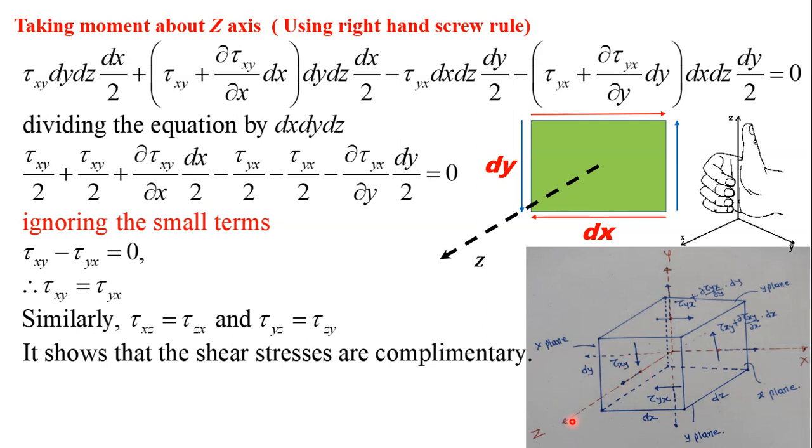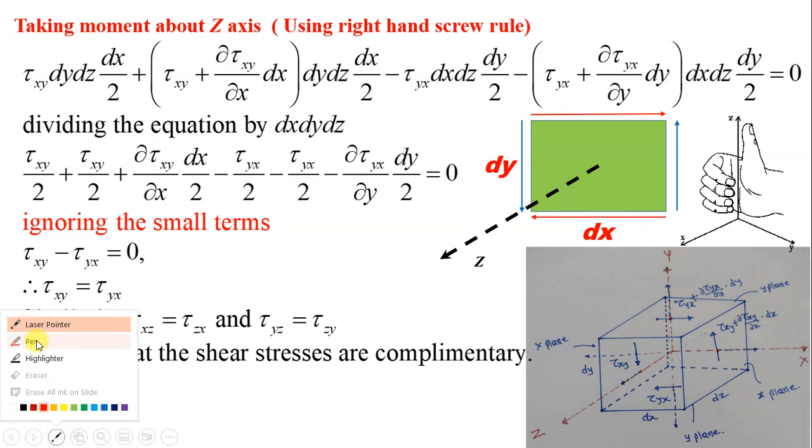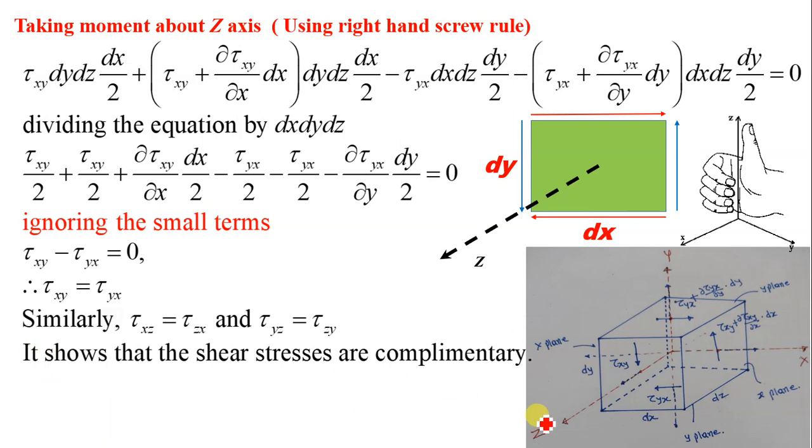If we observe the z face from this direction, I will draw one arrow. Now we are observing the z face from this direction and this is the view. This side is equal to dy, and the bottom side is equal to dx. Now the stresses are acting along this face.